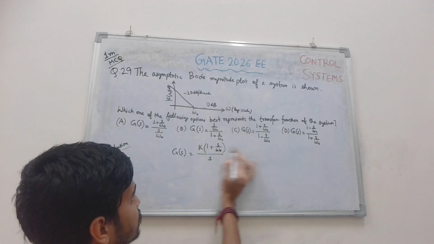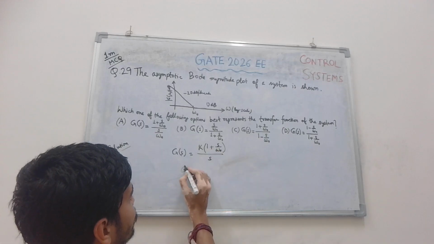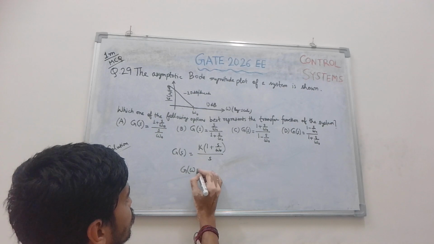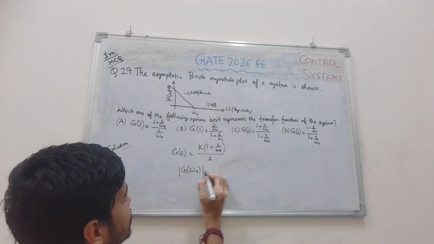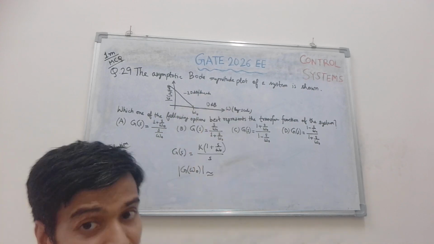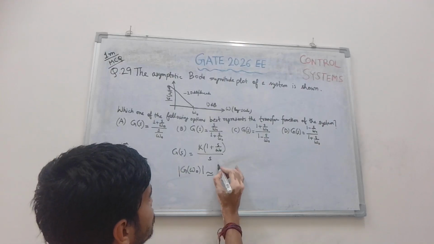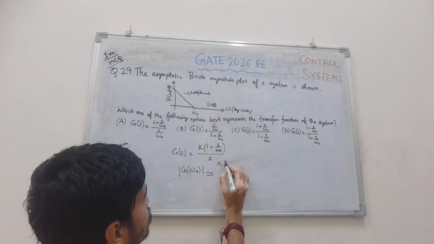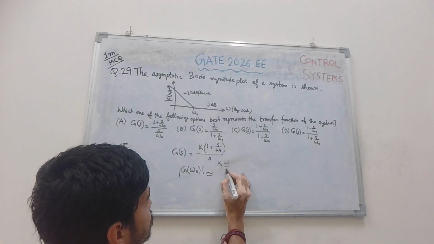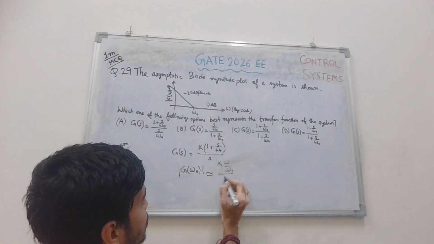So G of j omega naught is equal to K into the corresponding expression.